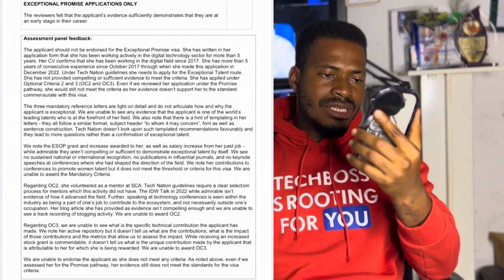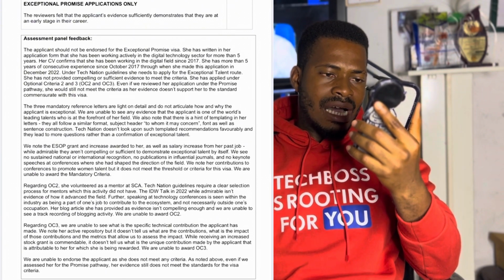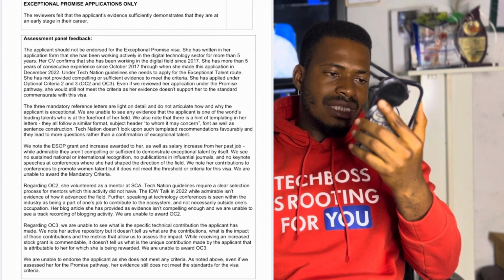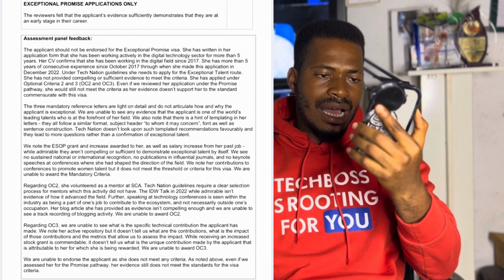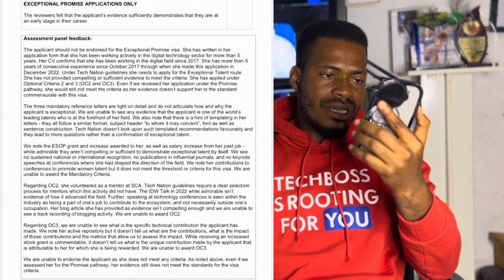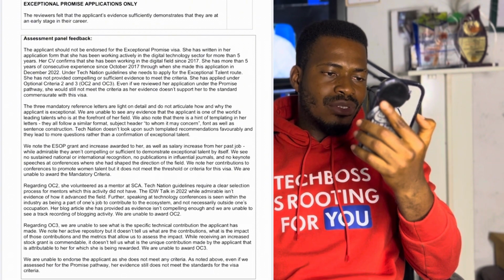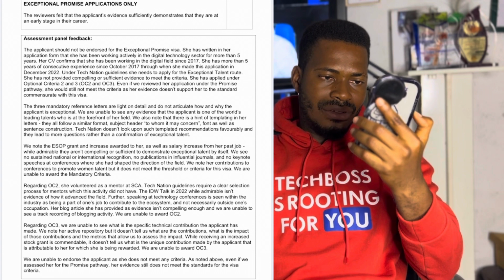We note the ESOP grant and increase awarded to her, as well as salary increase from her past job. While admirable, they aren't compelling or sufficient to demonstrate exceptional talent by itself.